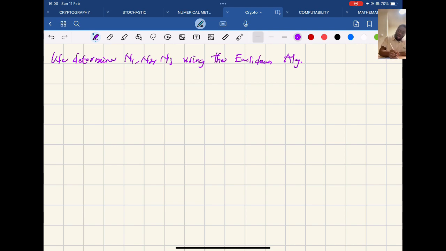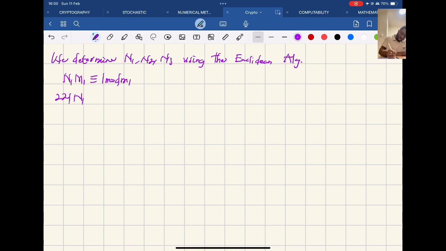In finding our n's, we are going to do this. First of all, let's find n1. n1 times M1 is always congruent to 1 modulo small m1. Now our big M1, we saw that it is 221.